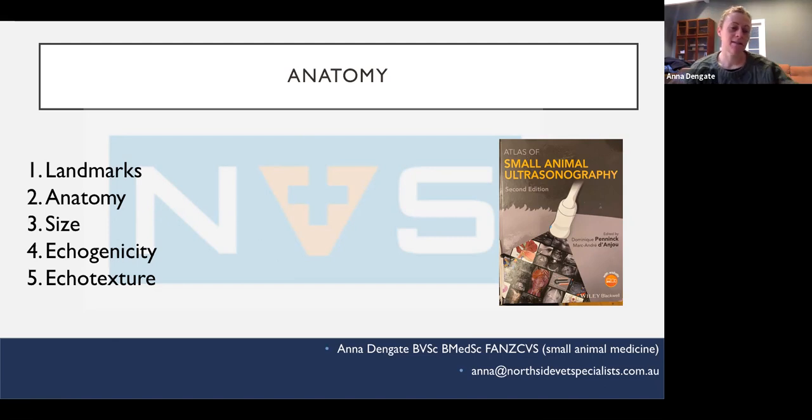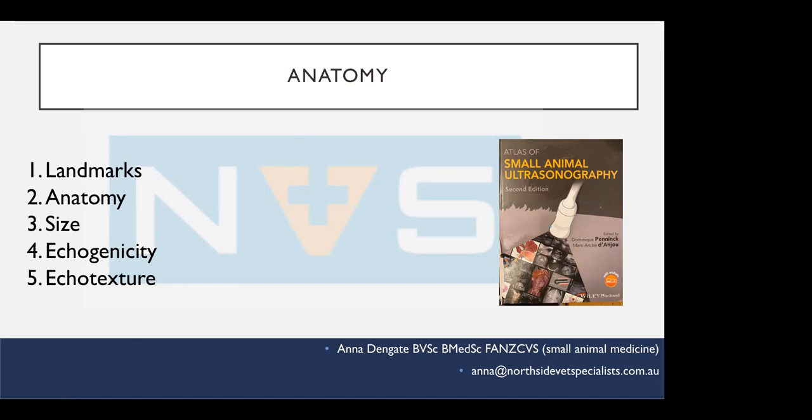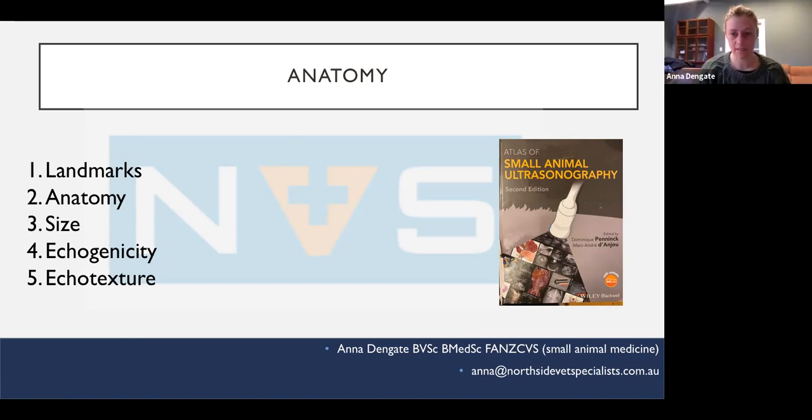What about the echogenicity of the liver? Does everyone know the difference between echogenicity and echotexture? Or can guess? Echogenicity is how much of a signal you get back, the intensity of the signal, so bright versus dark. Great, yeah.